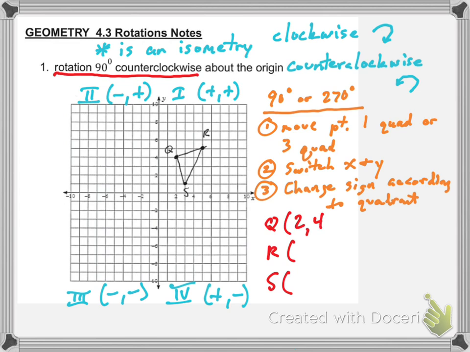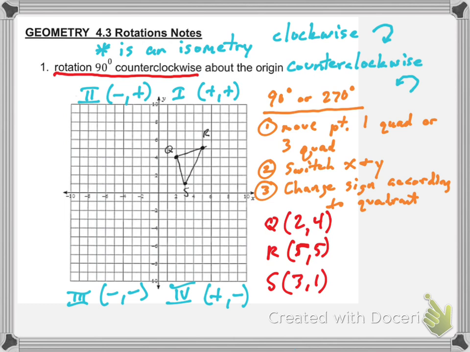Now, R is, what do we got here? 5, 5, it appears. And then S is 3, 1. Now it's counterclockwise. So counterclockwise means we go back in time.